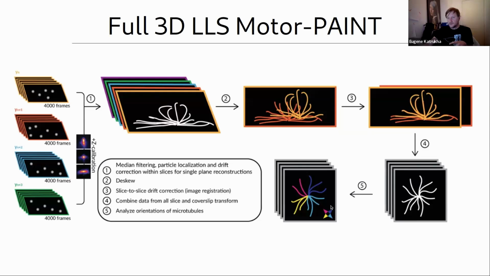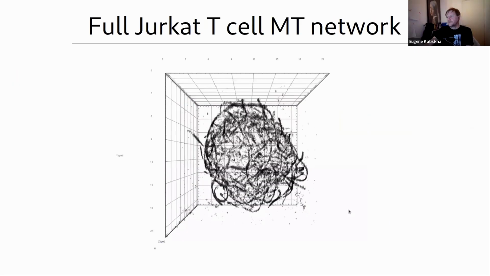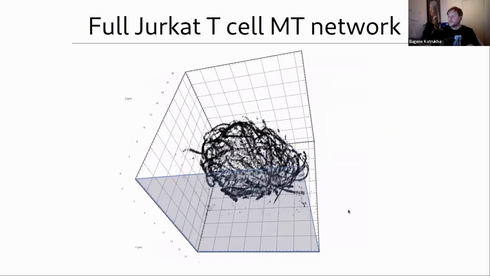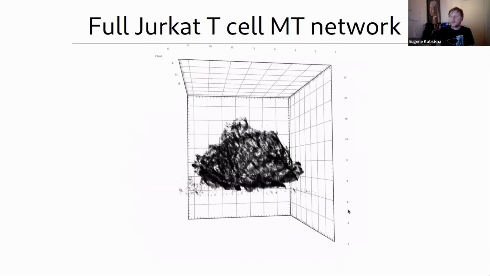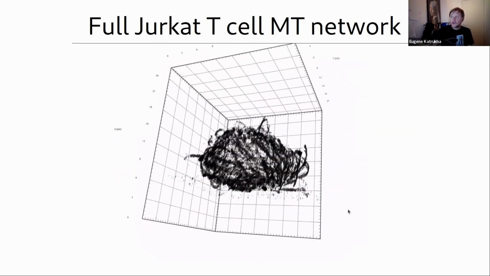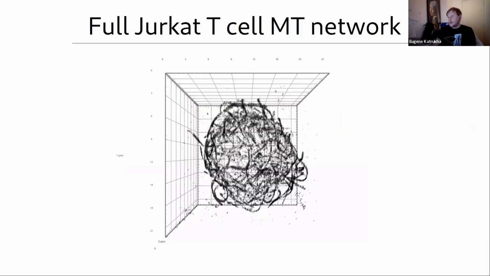directionality of the microtubules. So what we did, we used these U2OS cells because they're relatively small, and this was like the final result. This is actually one of the final figures in the paper. So this is the reconstruction of the microtubule network of the full cell. And of course, this is just the rods, right?